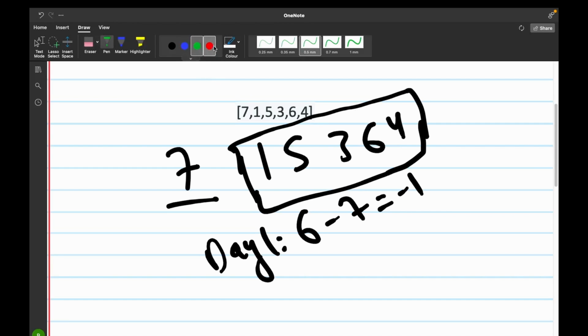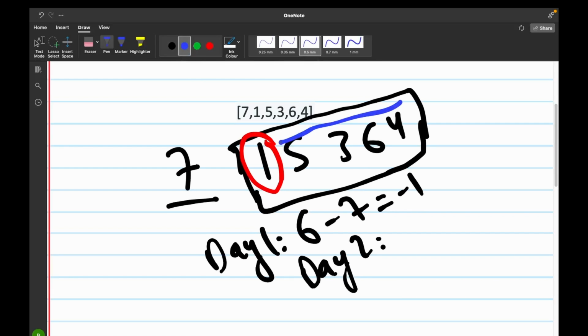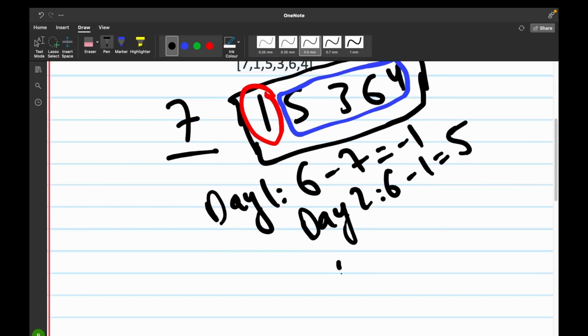Now we take day 2, we buy the stock on day 2 and the maximum profit that we can earn from other days for day 2 is from 5 3 6 4. So here the maximum price that we can sell the stock for is 6 again, so the maximum profit that we can earn is 5.